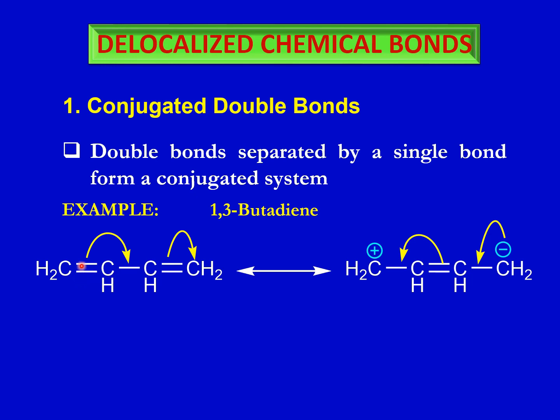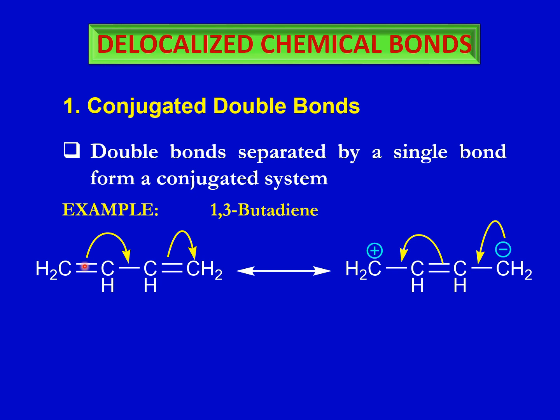Now, the pi electrons from the double bond between carbon atoms 2 and 3 can be delocalized, and the pi electrons between these two carbon atoms are shifted towards this carbon atom. As a result, we have this structure which is charged.